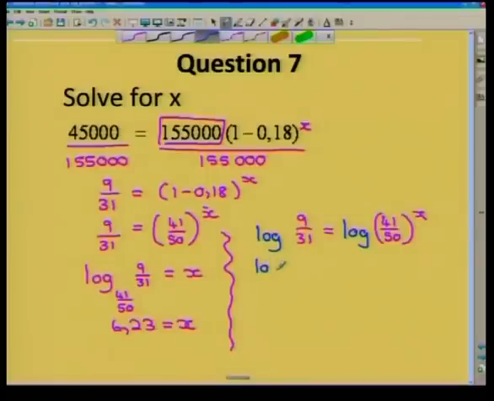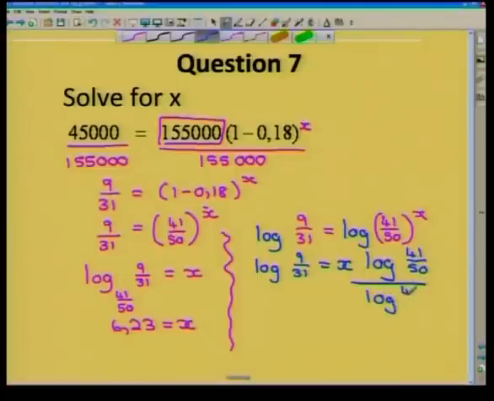So now this becomes log of 9/31 equals, and from the laws, I know that that x can come in front. So it's x log 41/50. Now, I need to get x on its own, so I divide this side by log 41/50, and I divide this side by log 41/50. That will divide out, and so that's my x answer.